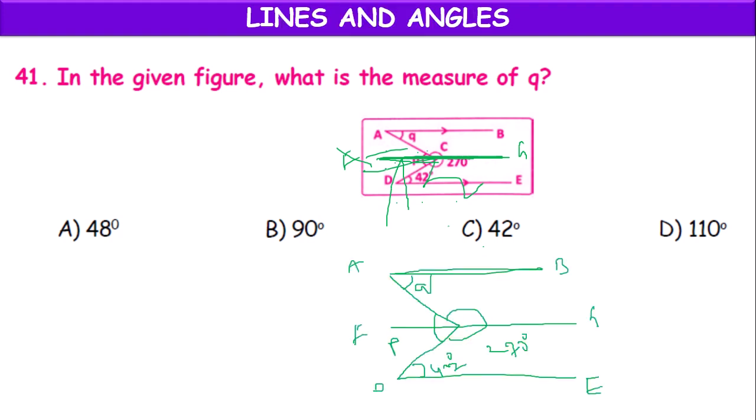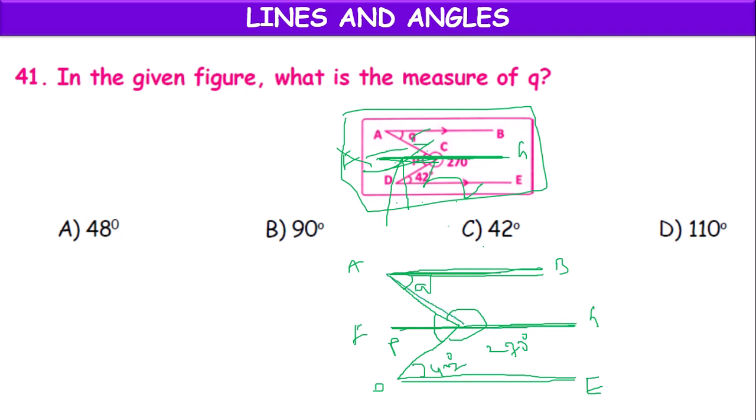There is some problem with this figure, children. So let's consider the same one here. We have to measure the angle Q. Here we have drawn another parallel line FZ, which is parallel to both AB and DE. So AB and FG are parallel.